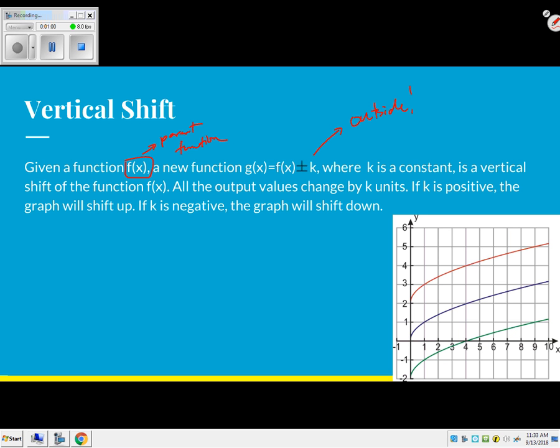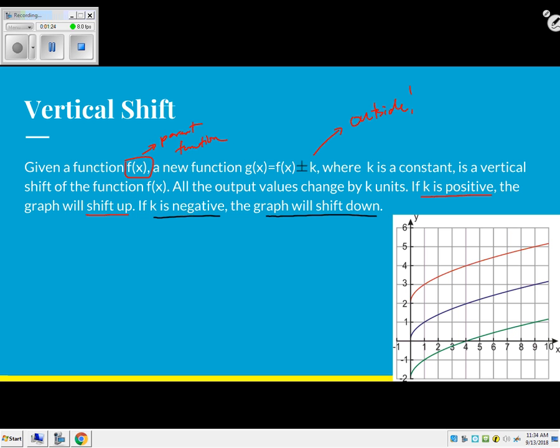We'll see what that looks like in just a minute. What we need to know is that if we are adding k, if k is positive, then we will actually move up that many units. Whereas if k is negative, or we're subtracting k, the graph will move down that many units.